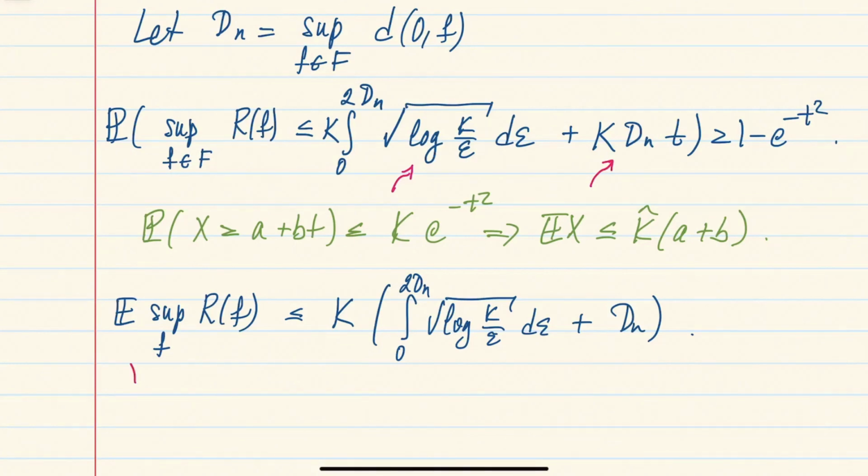So to be more precise, the expectation here is in the Rademacher random variables epsilon 1, ..., epsilon n. Okay, and that's the inequality that we used to finish the proof of the convergence of empirical processes to Brownian motion in the first part. So that finishes this section.